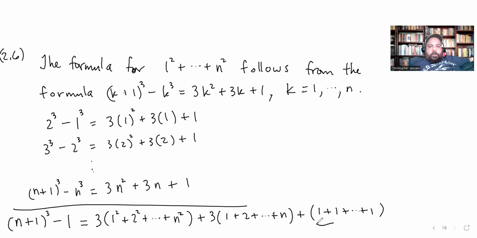Right, you're adding 1 to itself n times. So that gives you a formula for 1 squared plus 2 squared up to n squared, if you know a formula for the sum of the first n integers, which we do, and 1 plus itself n times is n. Let me just continue this on the next page.